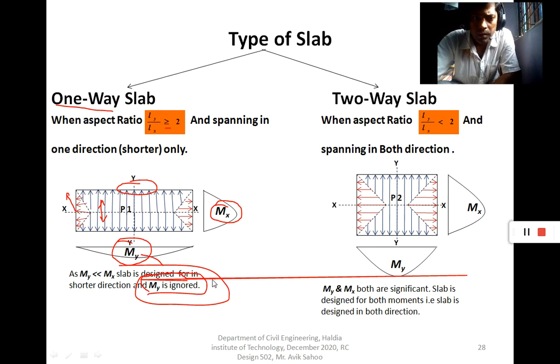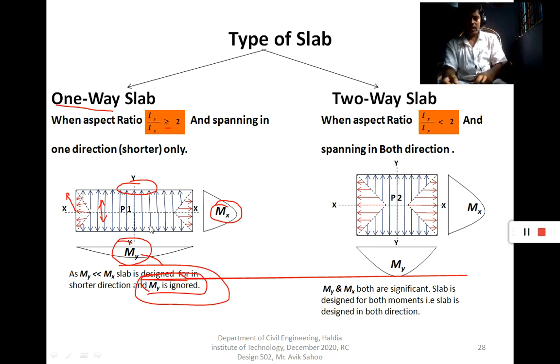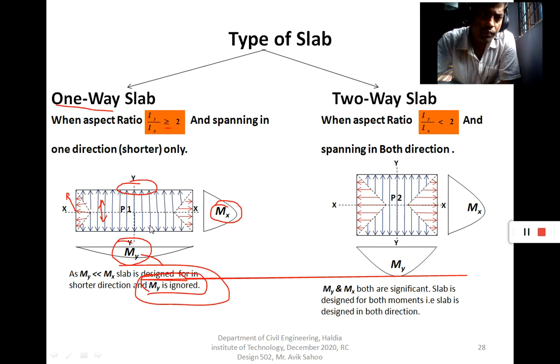That's why it is ignored, and the slab is mainly designed for Mx, the shorter direction moment. In a two-way slab both moments and both spans, longer and shorter, are considered, whereas in a one-way slab only the shorter span is considered, because along the longer direction only a small load is transferred.